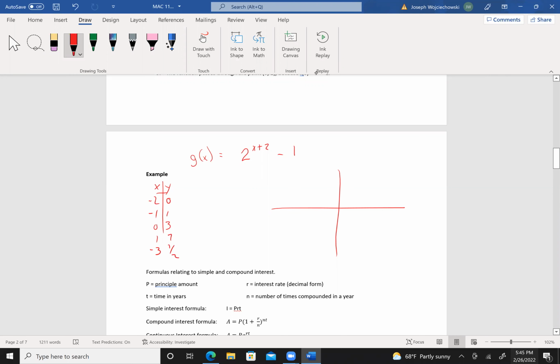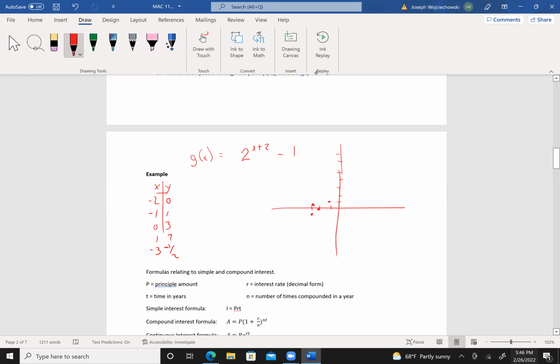So at negative 3, we're at negative 1/2. At negative 2, we're at 0. At negative 1, we're at 1.